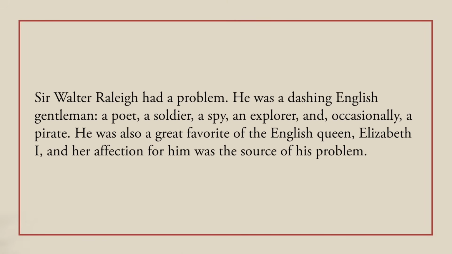Sir Walter Raleigh had a problem. He was a dashing English gentleman, a poet, a soldier, a spy, an explorer, and occasionally a pirate. He was also a great favorite of the English Queen, Elizabeth I, and her affection for him was the source of his problem.